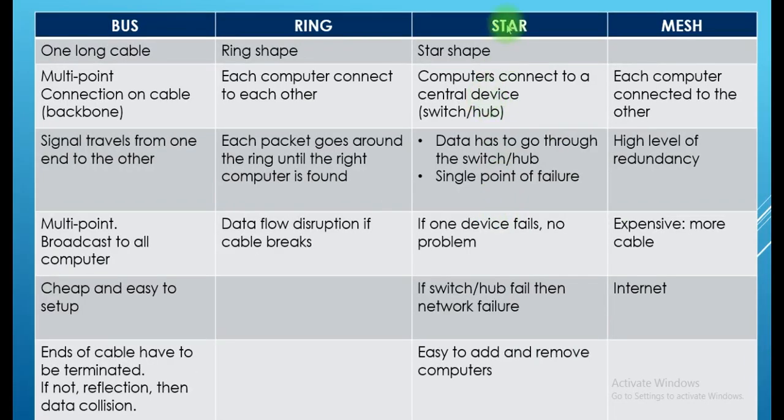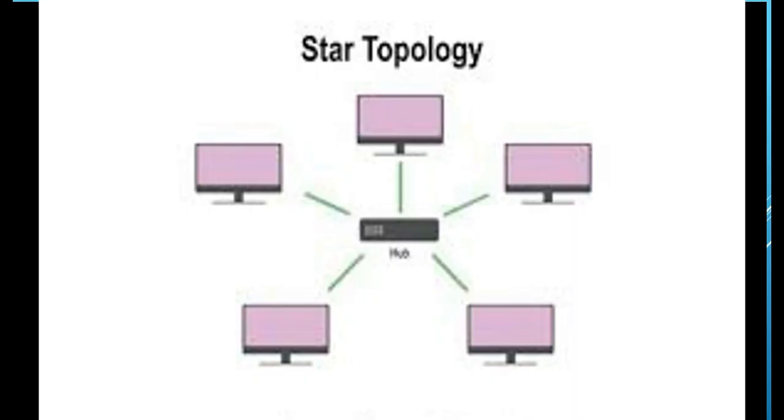Next, we have the star topology, and the nodes here are arranged in the shape or form of a star, and communication takes place through the computers being connected to a central device. This central device may be a switch or a hub.